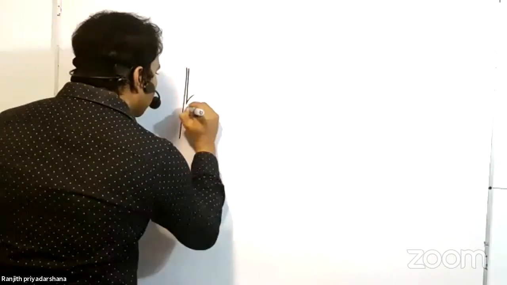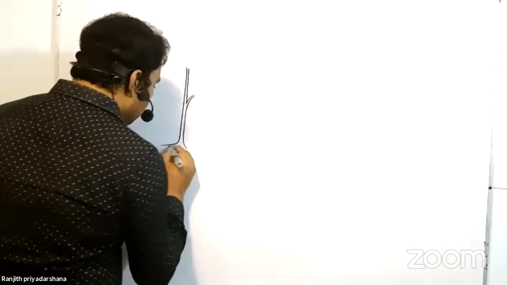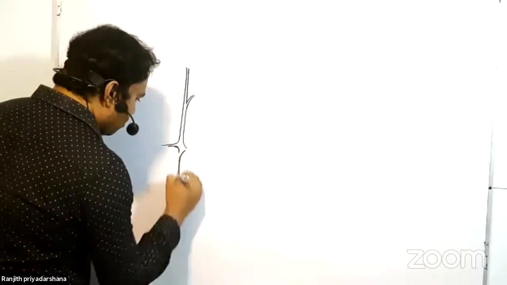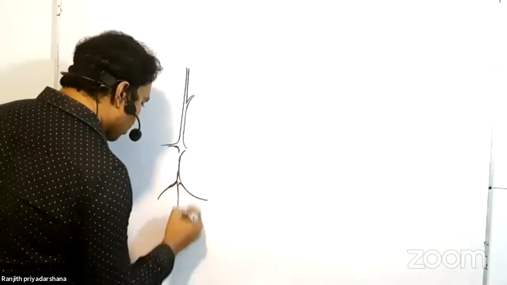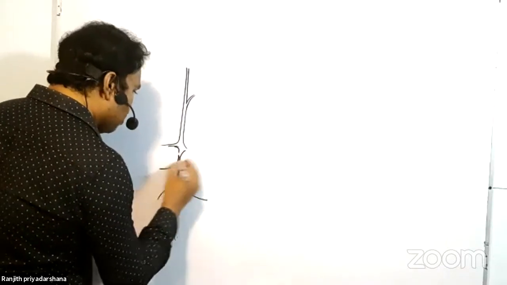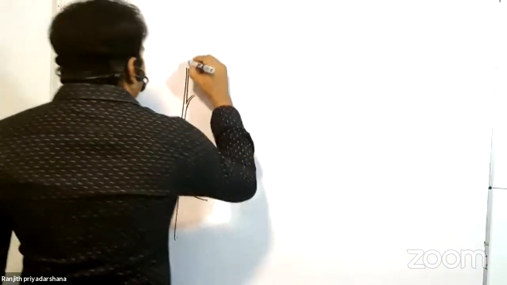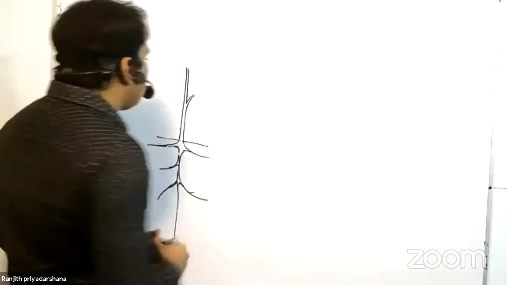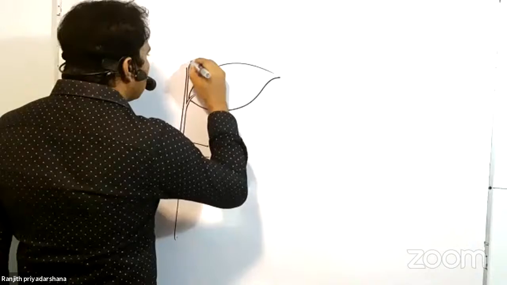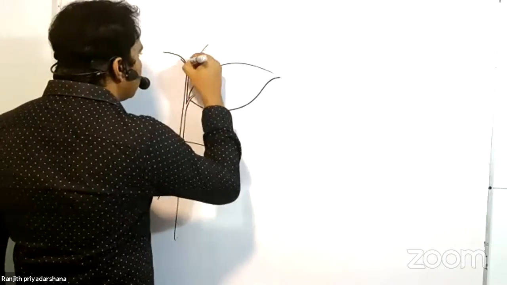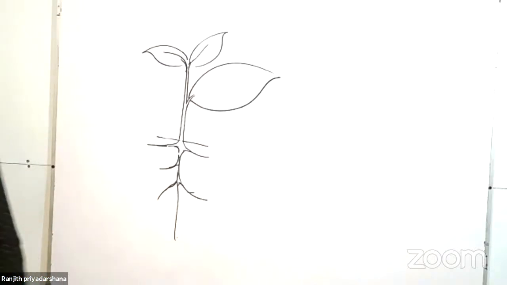That's what you drew, with the root system, the tap root system. Good. So what are the factors affecting the photosynthesis process?